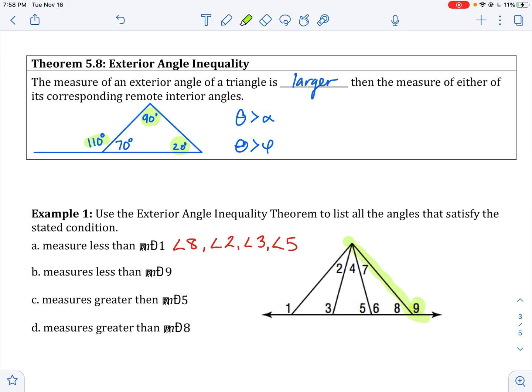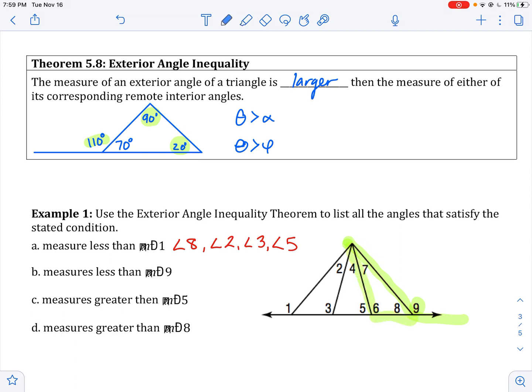There's an exterior angle. All right, let's go biggest triangle first. That's a remote interior. No other remote interiors, so that doesn't really help me a whole lot. Let's look at this triangle here. That also really doesn't work because that's a split up remote interior, and that's not a remote interior that we know.